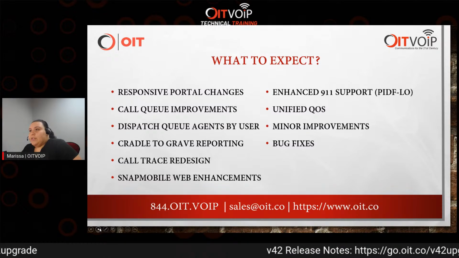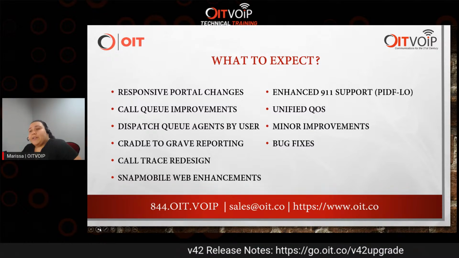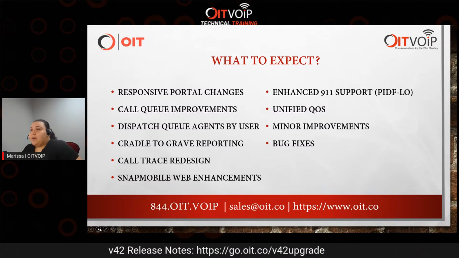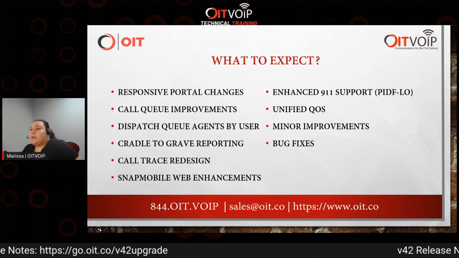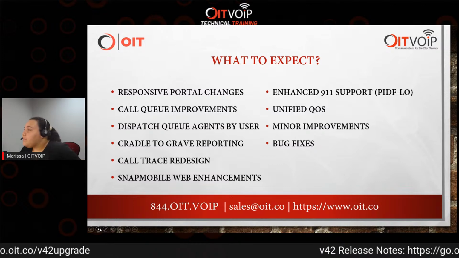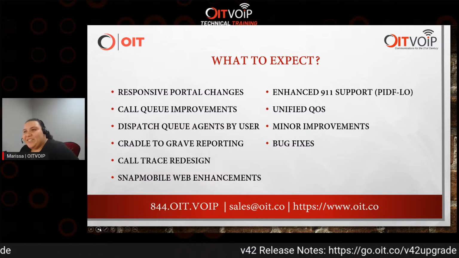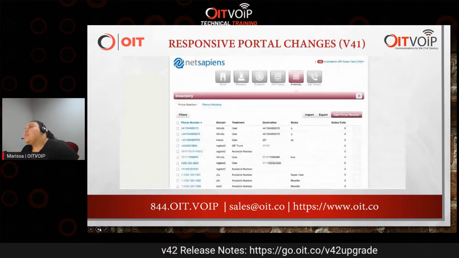This update was expected to be about 60% bug fixes. By the time they were done, it turned out to be about 75%. So it's been a major focus on that. So with that, let's go ahead and jump into our first new feature.